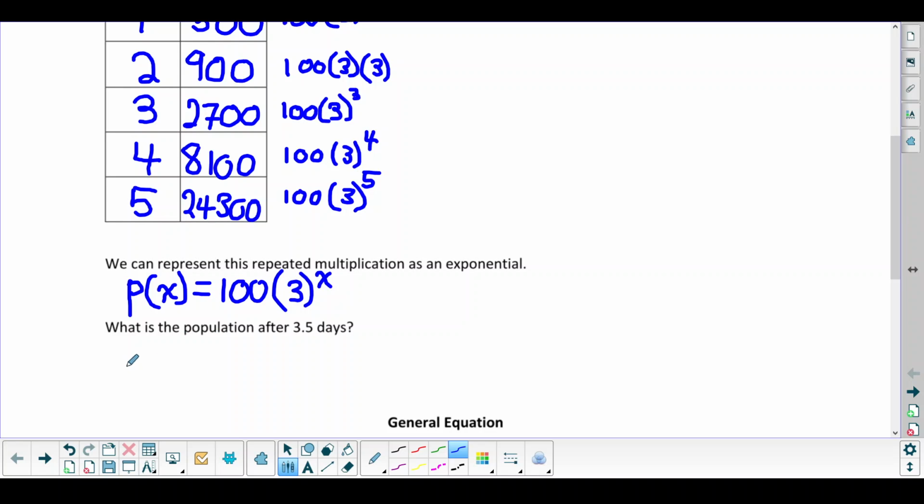And that's the nice thing with exponentials, we can plug in other decimals and fractions to find these answers for these times in between. So 3 to the power of 3.5, and your calculator can do a decimal exponent. If we punch that in, we get 4,677 once we round.